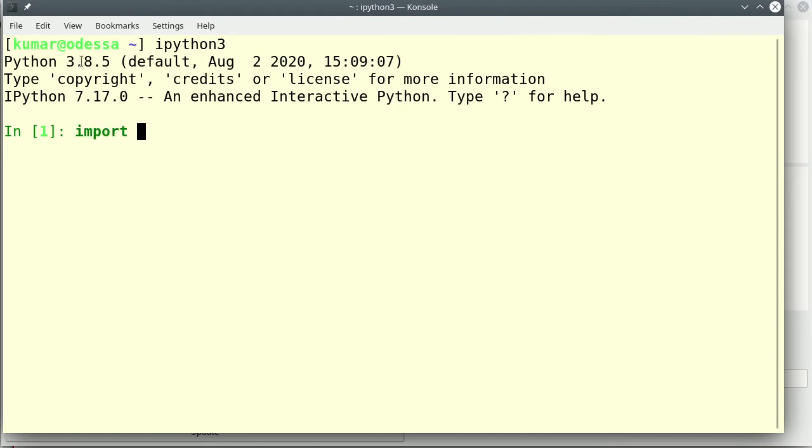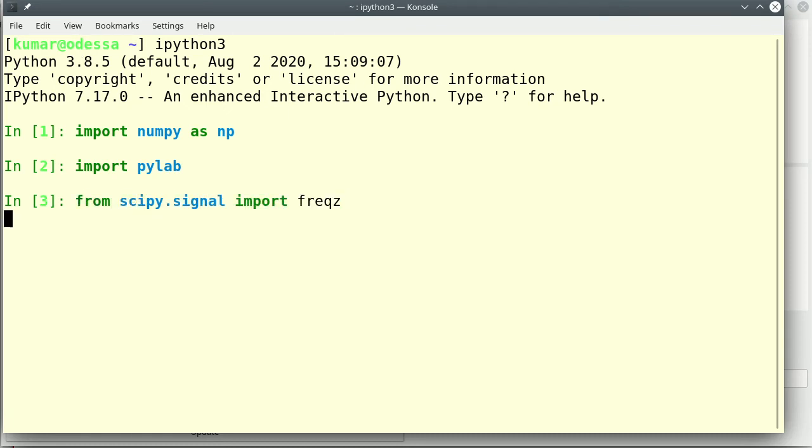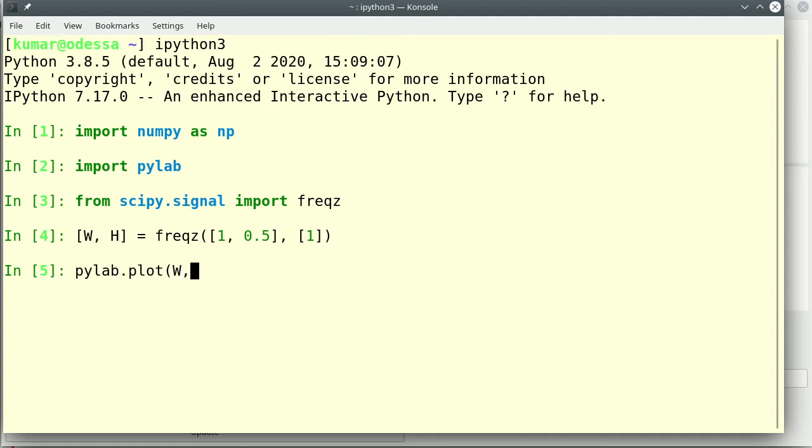Okay, so import numpy as np, import pylab, and then from scipy.signal import freqz. So now let us actually look carefully at the frequency response.